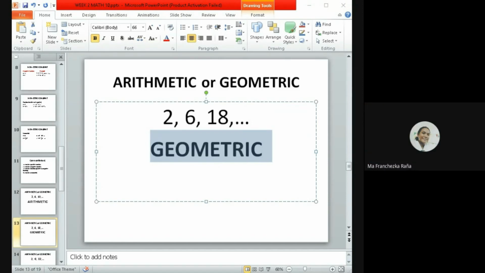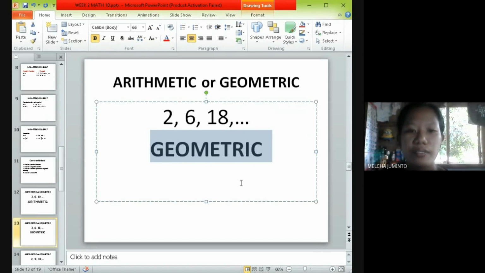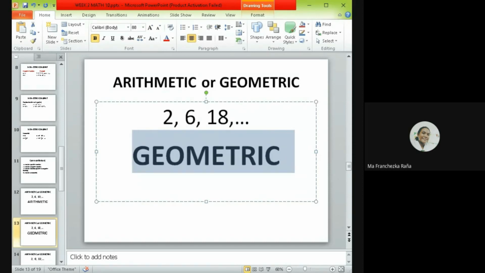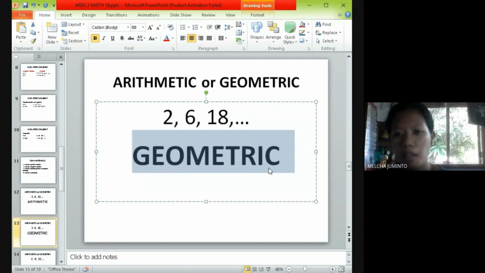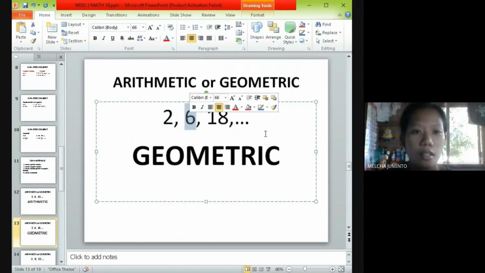Kasi po may common... Yes, si Francesca. Kasi po, ma'am, may common ratio na 3. Okay, very good. Because there is a common ratio which is positive 3 being multiplied from the first term: 2 times 3, 6, 6 times 3, 18, and so on. Therefore, this sequence is a geometric sequence.